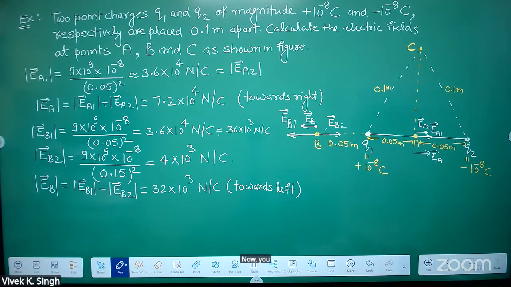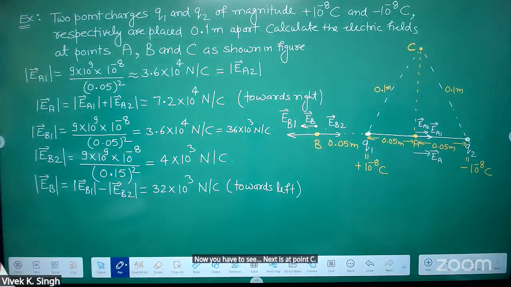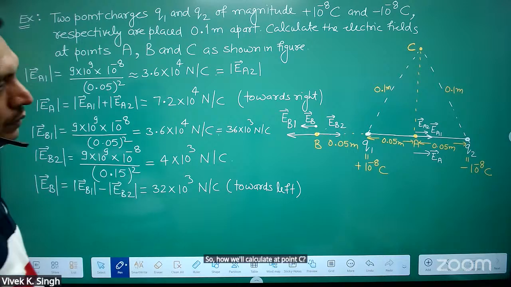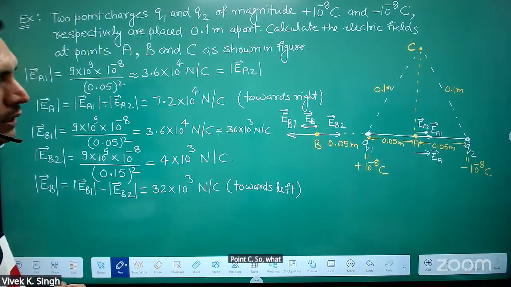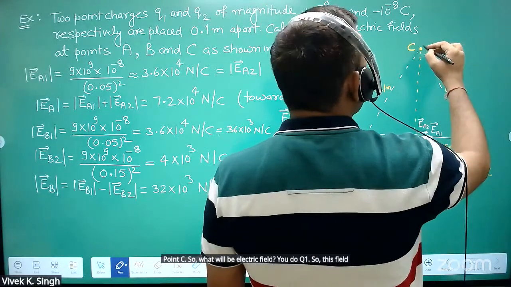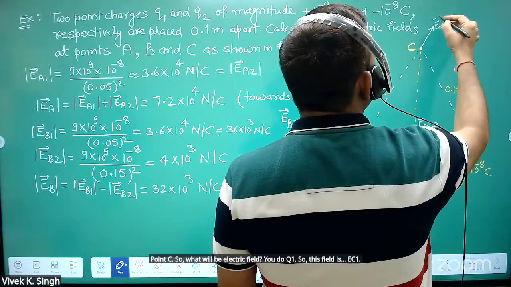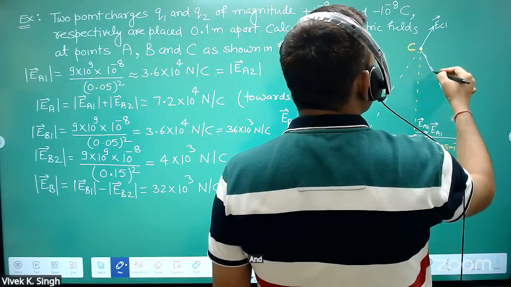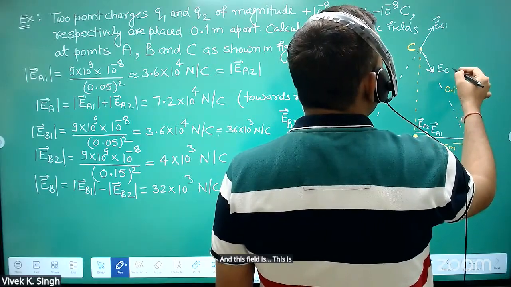Now you have to see next is at point C. So how will we calculate at point C? So what will be the electric field? You took Q1. So this field is EC1 and this field is EC2.